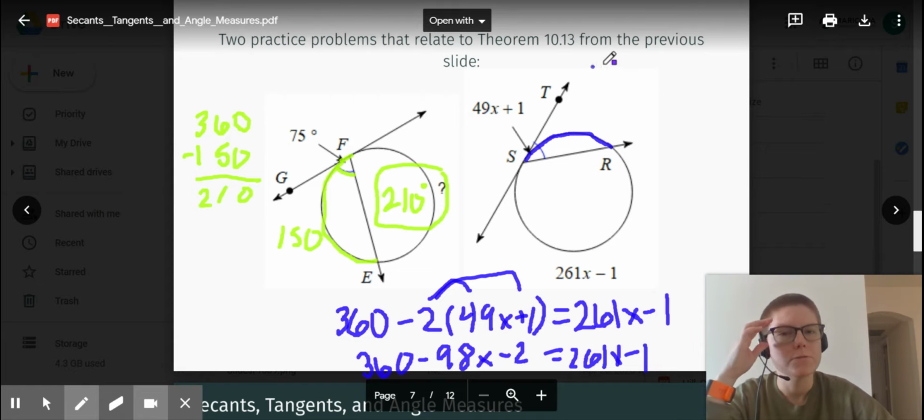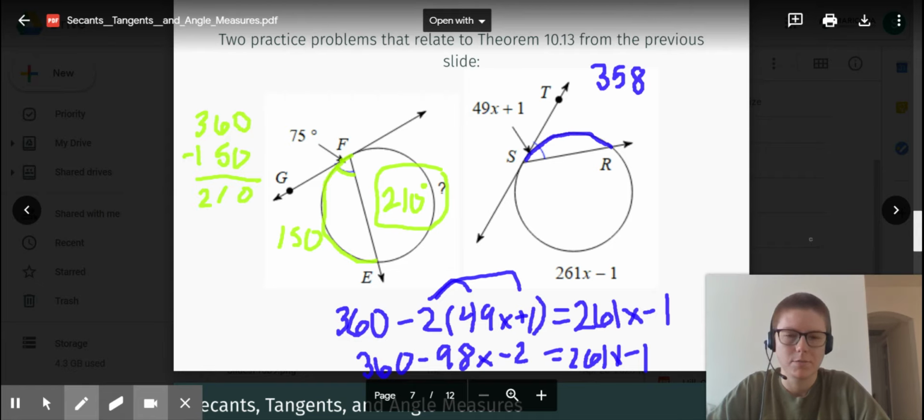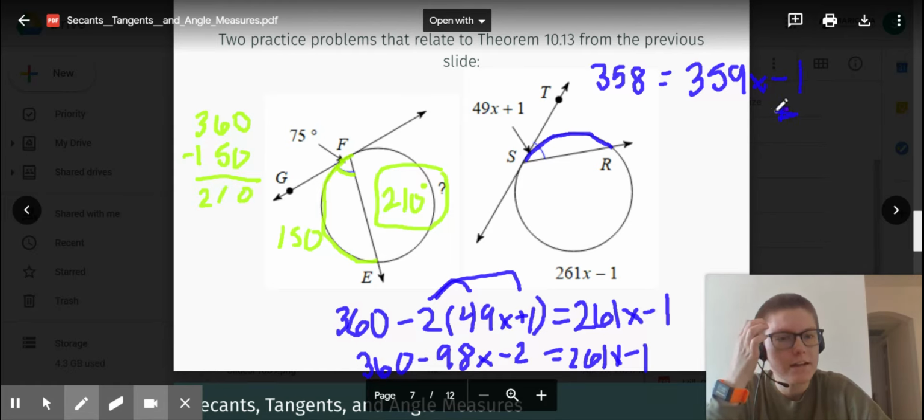360 minus 2, that's 358. I'm going to go ahead and add this 98x to the other side now, just to save myself a minute. 261 plus 98x is 359x. X minus 1. Still got this 1 over here, so let's add that.